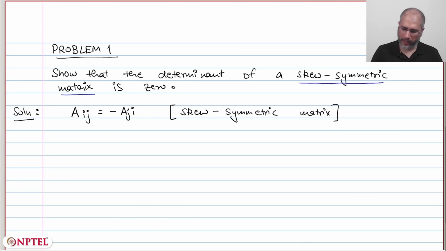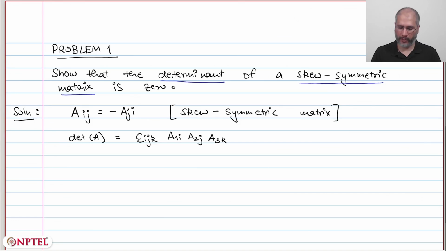Next, we have to find the determinant of this matrix A. So let us write the expression for the determinant in the index notation. So this is the expression for determinant: epsilon ijk a1i a2j times a3k.